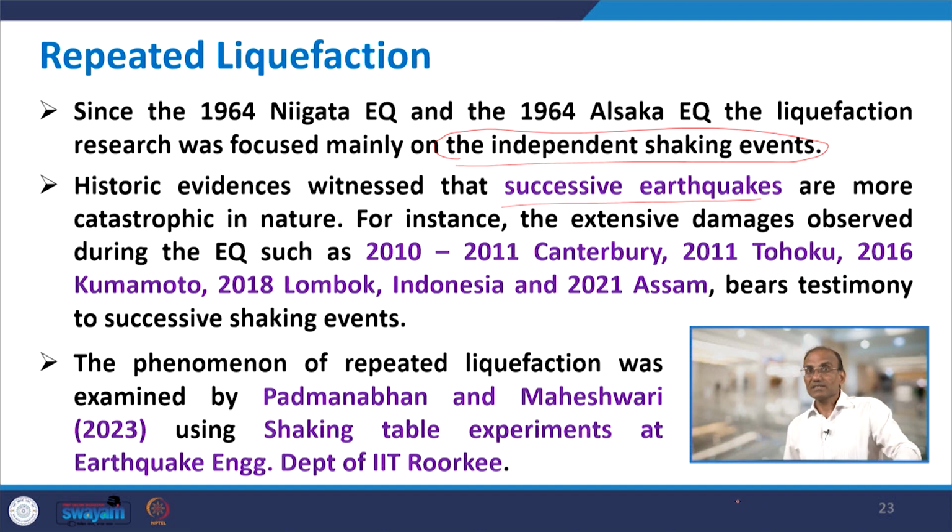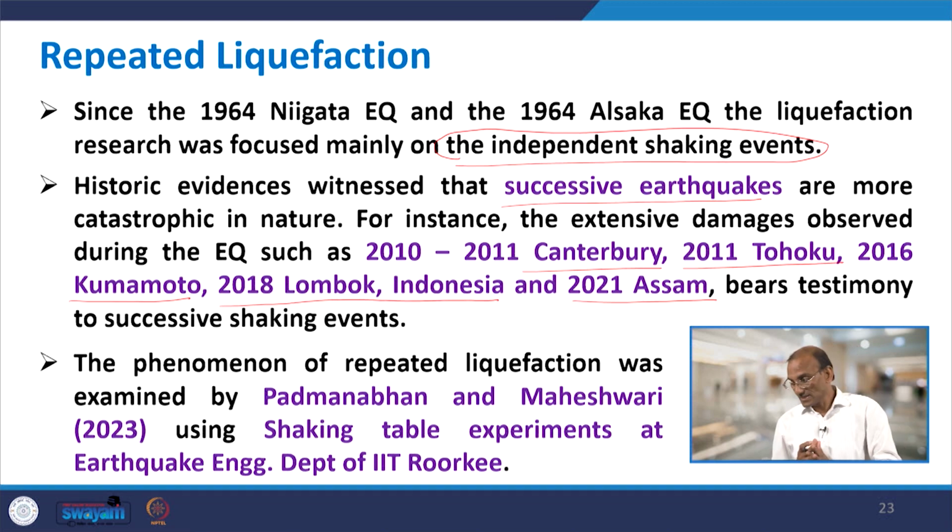For instance, the extensive damage which was observed during earthquakes such as the 2010, 2011 Canterbury earthquakes in New Zealand, then the 2011 Tohoku earthquake from Japan, the 2016 Kumamoto earthquake from Japan, the 2018 Lombok earthquake from Indonesia, and the 2021 Assam earthquake in India bears testimony to successive shaking events.